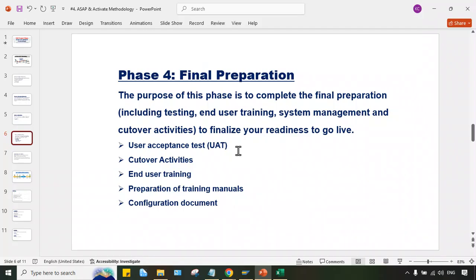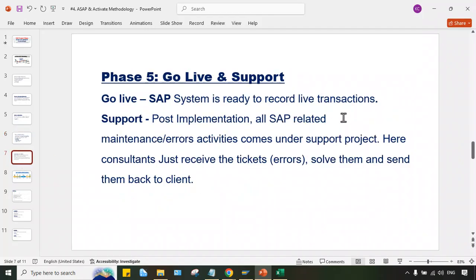These are the activities happening in final preparation. Once all these activities are performed, what next? No need to perform any other activity. Now we are ready for go live. So look here, in go live, what is happening, guys? Nothing, there is no activity. Go live means the SAP system is ready to record live transactions. Go live is nothing but a party time.